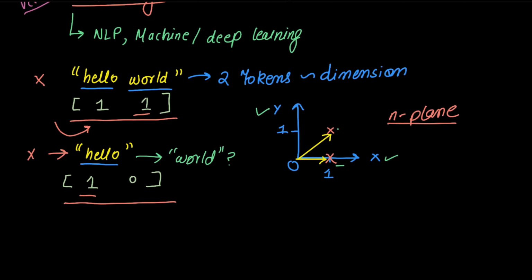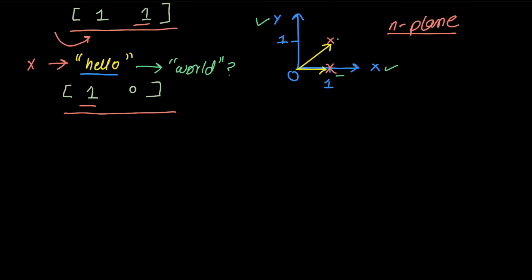All right, now the use case is pretty simple. We need world to be identified as the most probable next word. So how can we do that? Obviously we have these vectors, these numeric representations of our texts or tokens within the text. But how can we actually do the math around it?